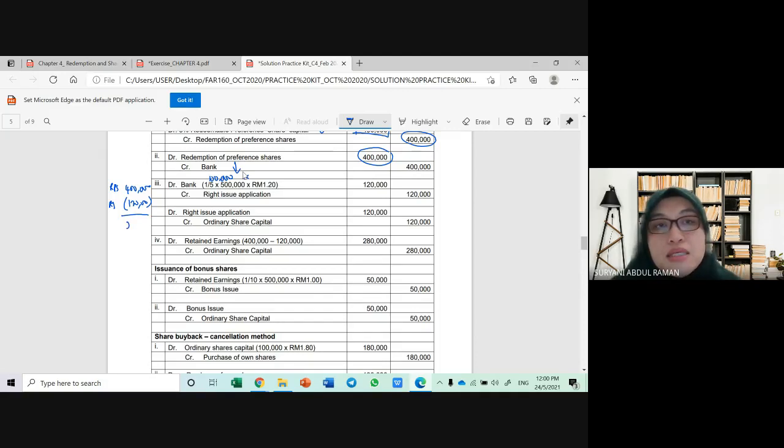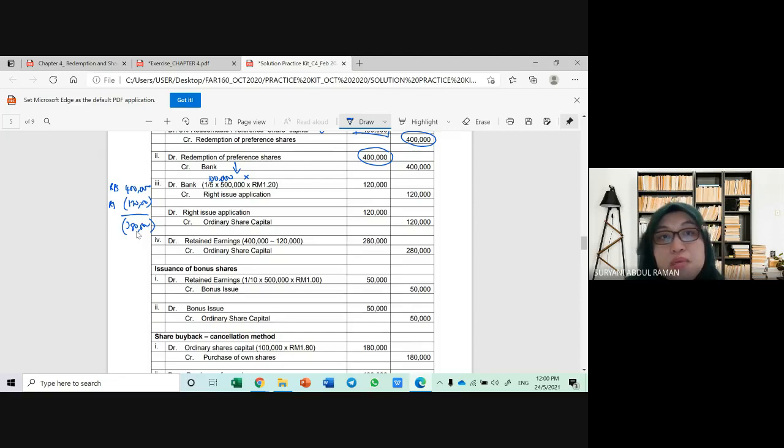You need another 280,000 to fill up. So where to get this amount? You are going to take it from the retained earnings, because there is only the way. It's either you sell shares or you take from the profit. If it's not sufficient, then you have to combine both methods. So this 280,000 will be taken from the profit.